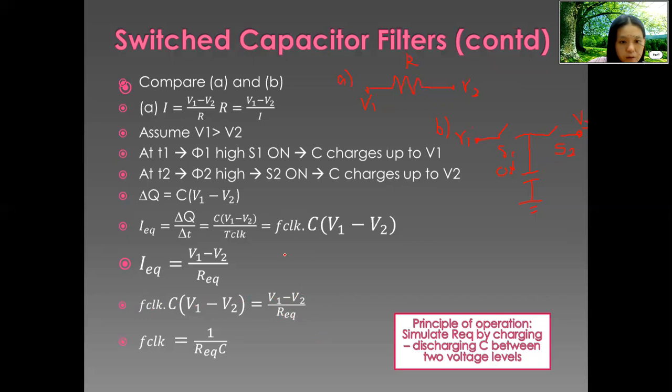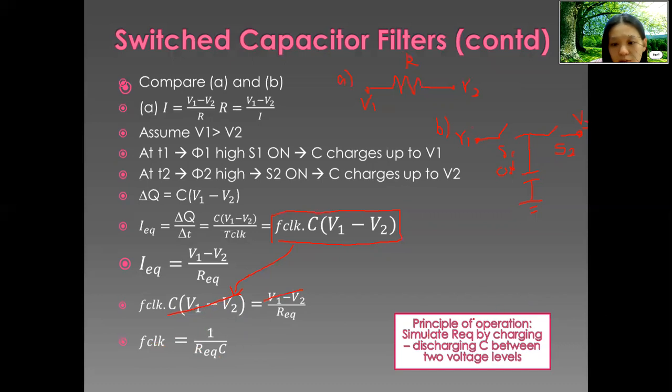Here we substitute these equations into the I, and we simplify the C and V1 minus V2 and V1 minus V2, and we get our clock frequency equal to 1 over R equivalent times C capacitor.